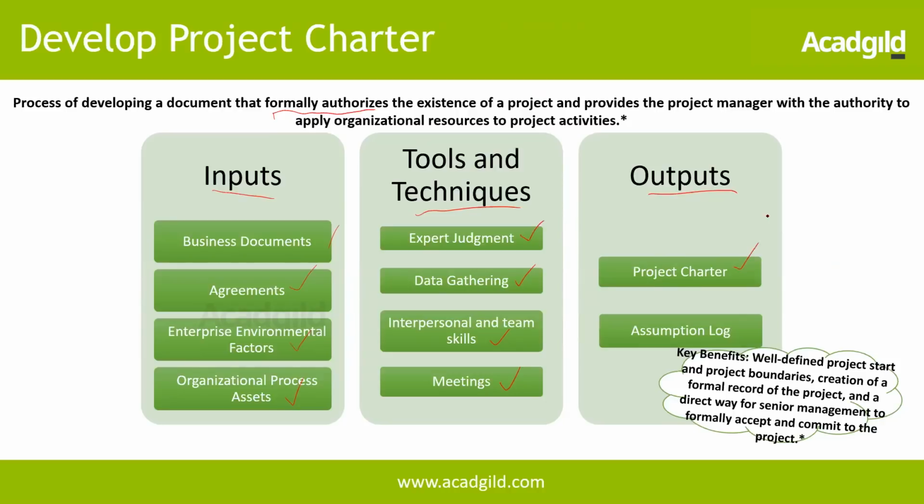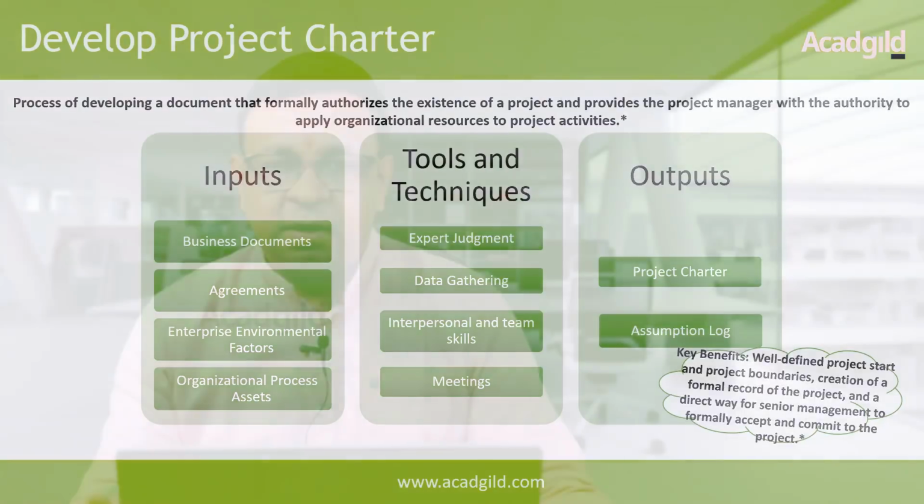The project charter itself and the assumption log. The key benefits of this process are a well-defined project start and project boundaries, creation of a formal record of the project, and a direct way for senior management to formally accept and commit to the project. So this project charter is one document which really authorizes the project, and it gives the project manager authorization to go ahead, get the resources and start off with the project work.